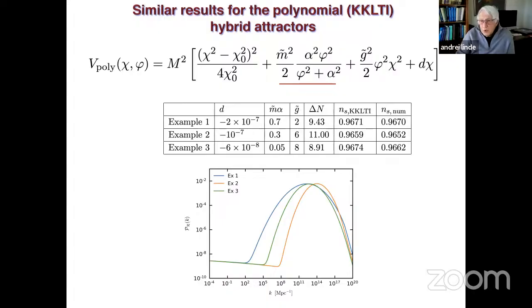And because we had this breaking of symmetry between chi and minus chi by this term d, not only do we normalize the amplitude of fluctuations so that it is smaller than 1.